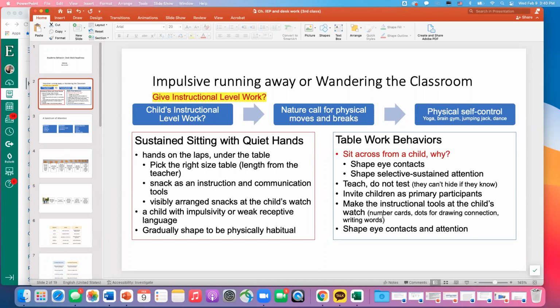Instead of, let's say, a flashcard with object pictures and asking, what is this? If you really want to know whether the child knows it, just hold it up. If a child knows it and you say, shh, the child will still whisper. Children have a very hard time hiding what they know. They just say it, no matter how much you say no.